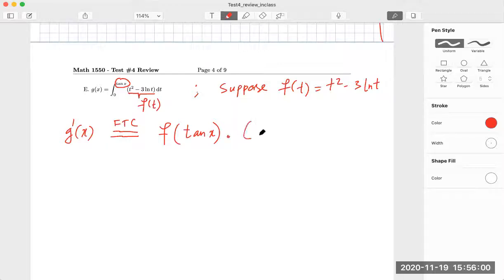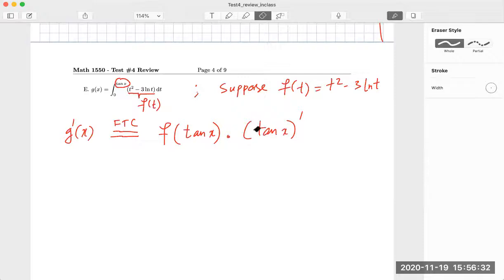Multiply with the 10x derivative. Yeah, I know it is short. So let us write it as the antiderivative as we did before for the question D. I think it's easier to understand. Or are you good with this one?